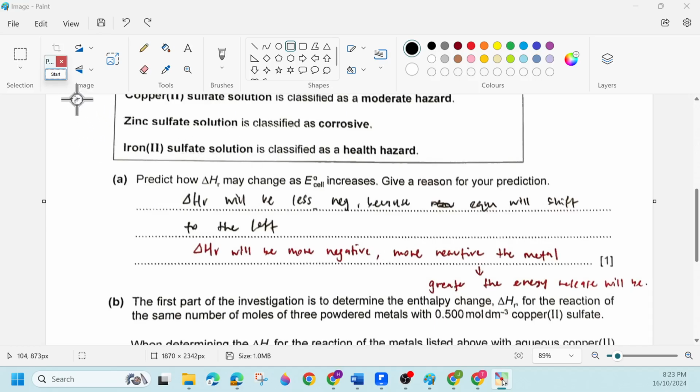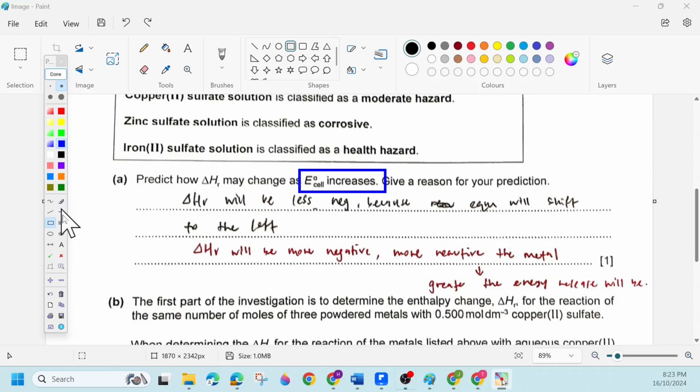So just now, what did we mention? The one I mentioned is that as E cell increases, what does this mean? It means it becomes more positive. So the delta H will be more exothermic, because both of those reflect that the metal is more reactive.